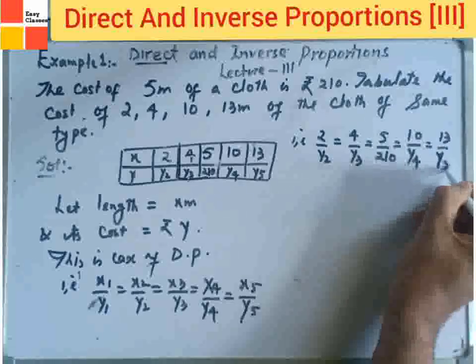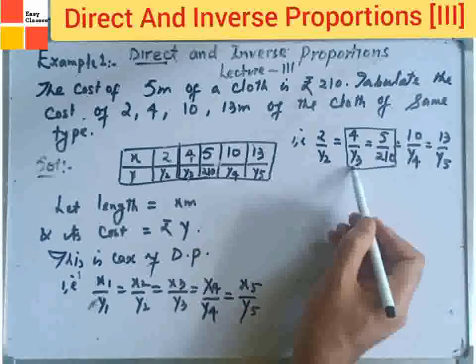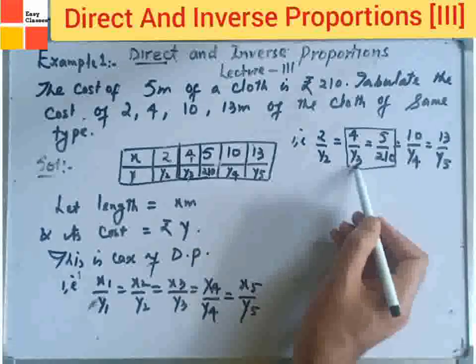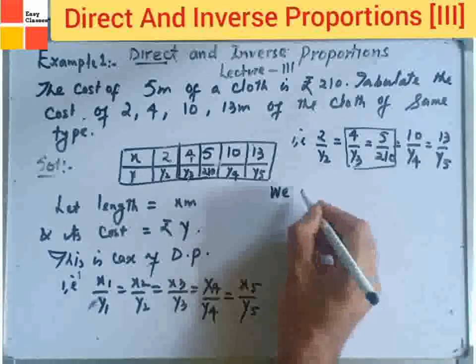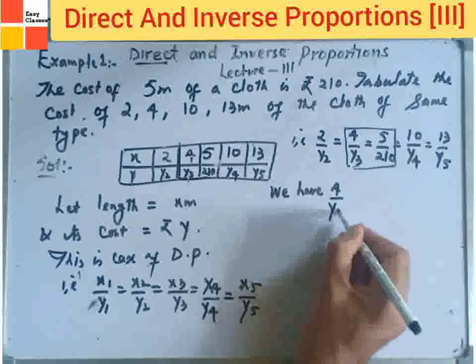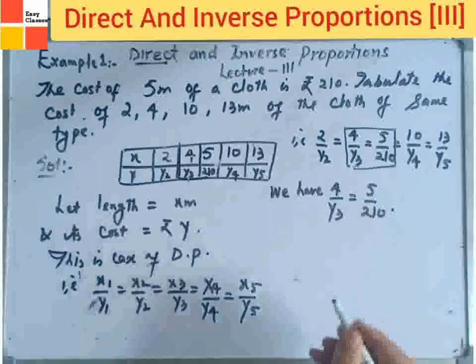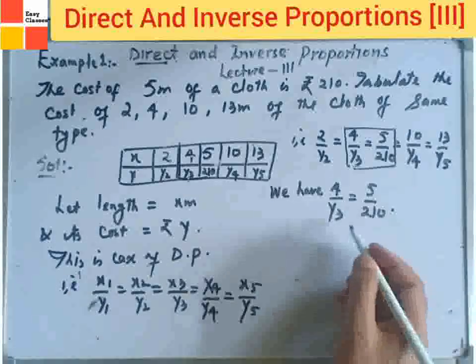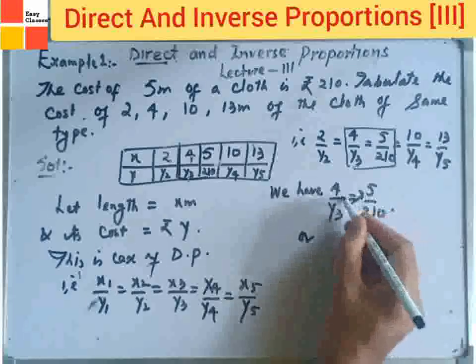Now take these two, because in this we have to find only y3. The rest are given. We have 4 divided by y3 is equal to 5 divided by 210. Right, so multiply this and this.